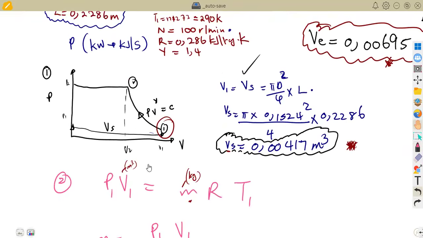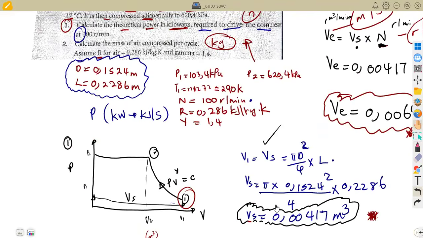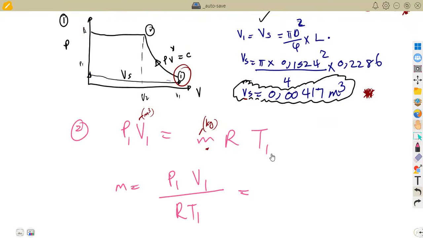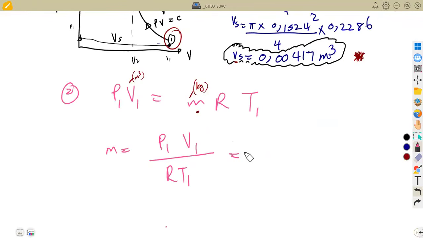Remember, at the inlet our pressure was 103.4. So we've got 103.4 there, times V1. This is the most important part. Remember, V1 is equal to VS if the clearance is not given, which is our VS in cubic meters, 0.00417, everything over R for air.